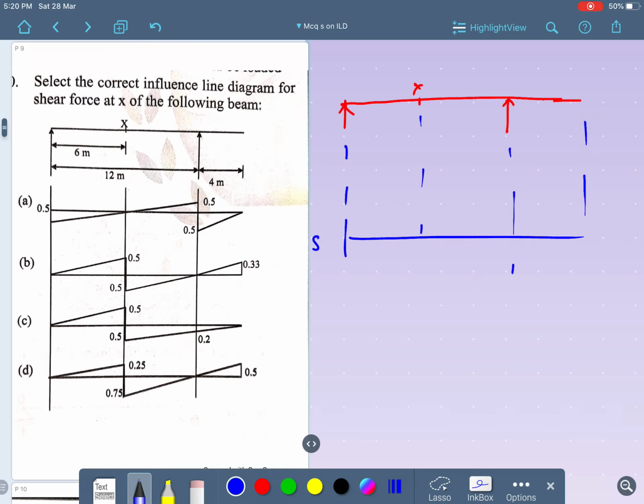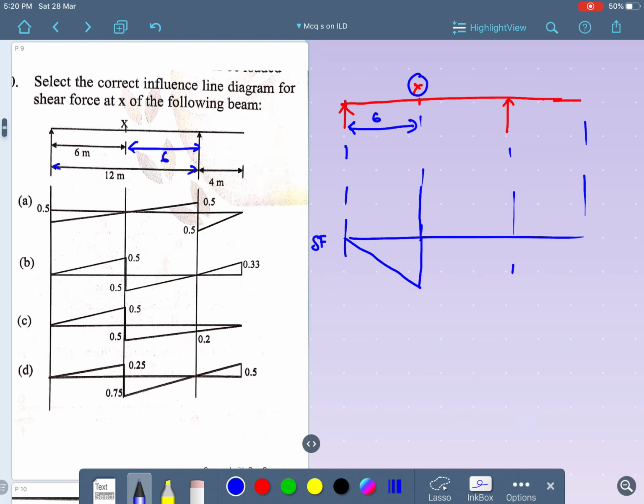So, if I want to write the shear force at a point X, how will the shear force come? See, here it comes like this. If I take this distance as A, in the question they have given 6 meters, no issues. If this is 6 meters, they have given this as 12 meters, right? And this is 4 meters. If this is 6, this will also be 6.